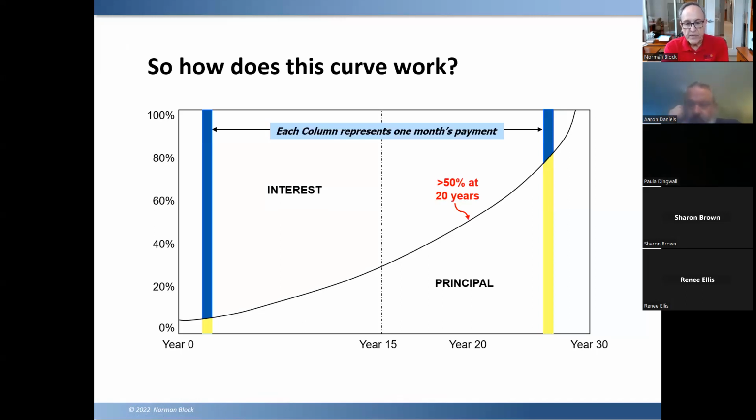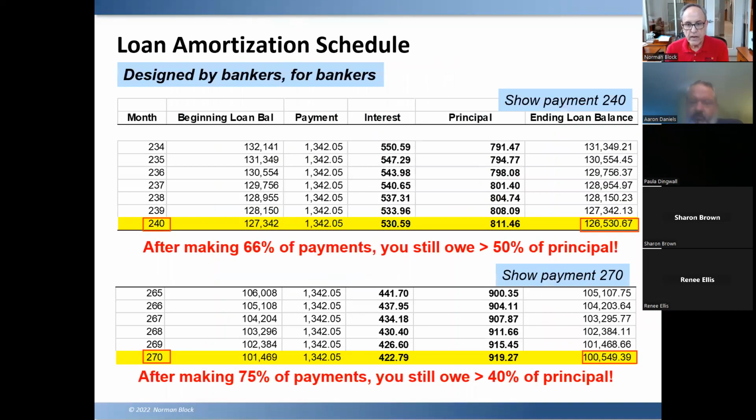In fact, with the way this curve is shaped, you can pay on a 30-year mortgage for 20 years and you still owe 50% of what you borrowed. Say what? Yes, that's correct.